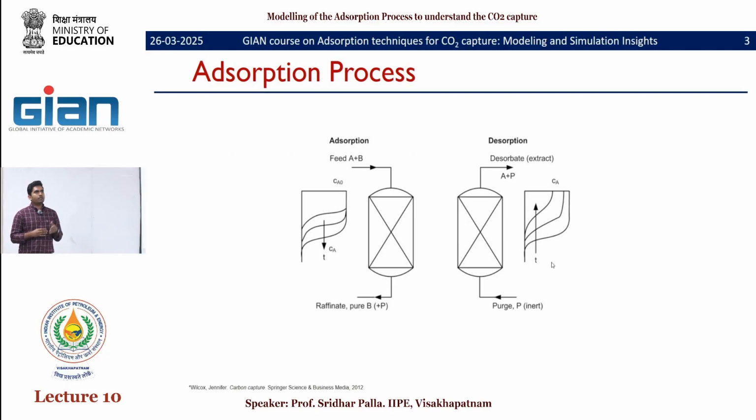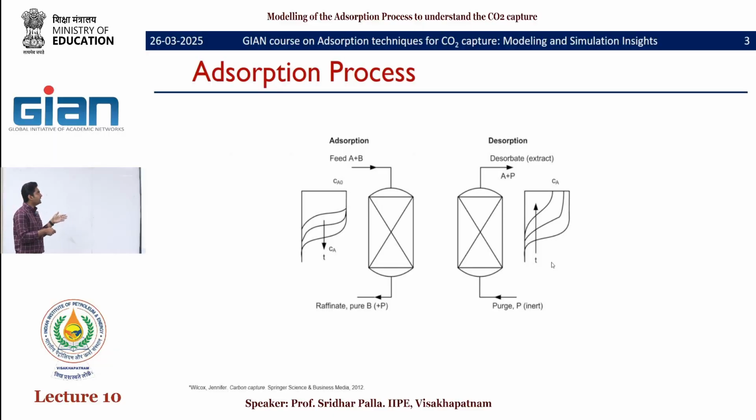If we are supplying heat, that means we are increasing the temperature, desorption takes place with the increase in temperature, and we can release the gas that was adsorbed in the previous step. So we first do adsorption, and the desired gas that is adsorbed, we then recover using purging or any of the regeneration methods to get A back.